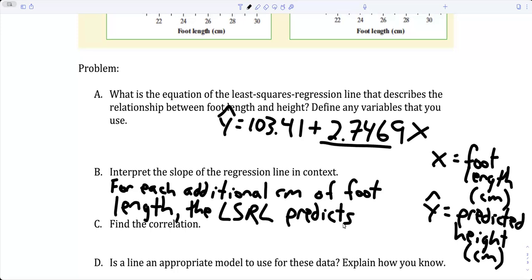It predicts an increase. Why do I say increase? Because the slope is positive, it predicts an increase of 2.7469 centimeters in height.